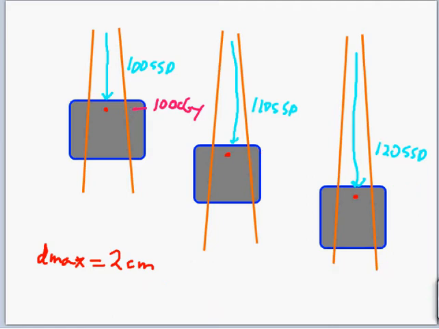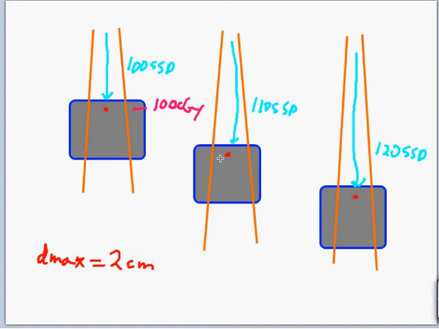Well, now let's say I did the same thing, but instead of a photon beam, I use an electron beam. And just for convenience's sake, I'm going to pick an electron beam that also has a Dmax of 2 centimeters, so I can set up the problem in the same way. In other words, I'm at 100 SSD, we're looking at Dmax, and I set it up so I give 100 centigray to Dmax here.